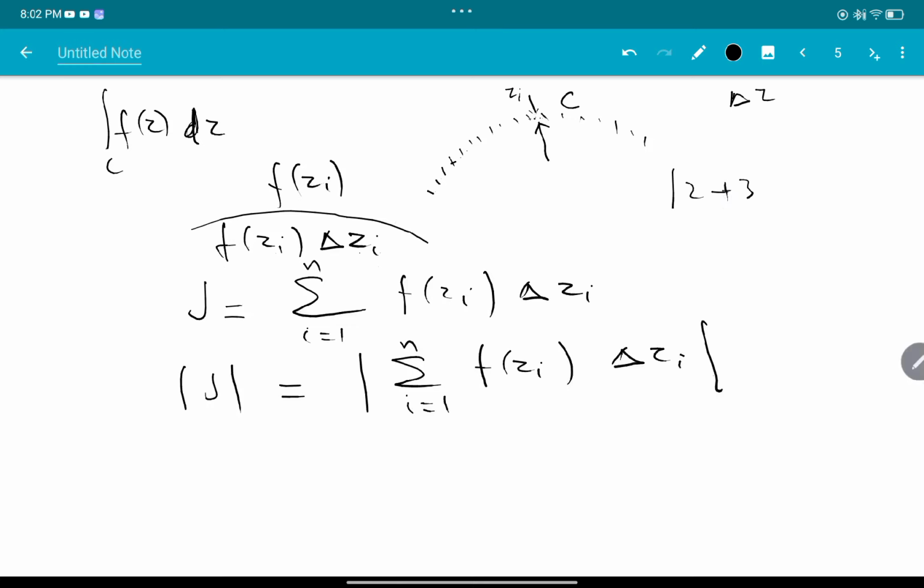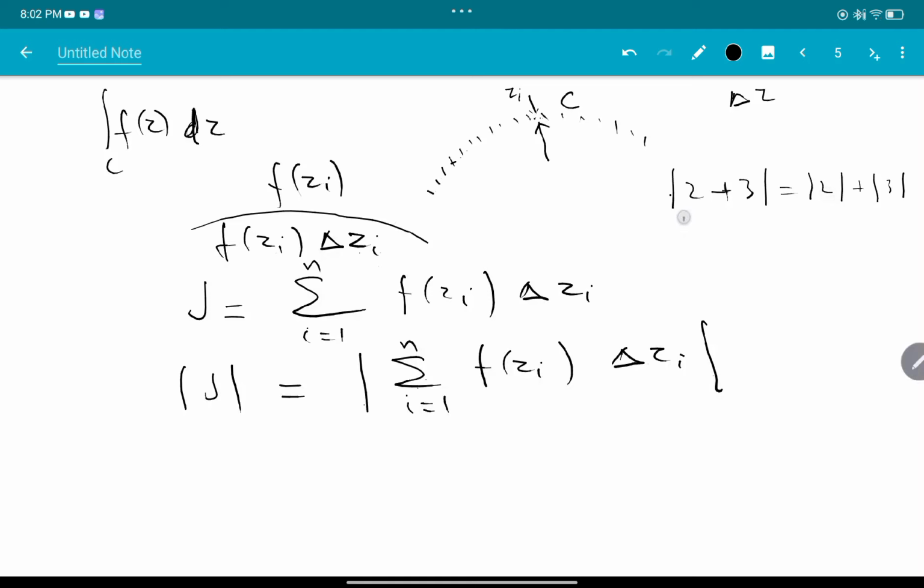Here you have absolute value enclosing the sum, and absolute values enclosing each term. This is equal, plus 2 plus 3. No problem. You can check it: 2 plus 3 is 5, mod 5 is 5, mod 2 is 2, mod 3 is 3. So 5 equals 5.